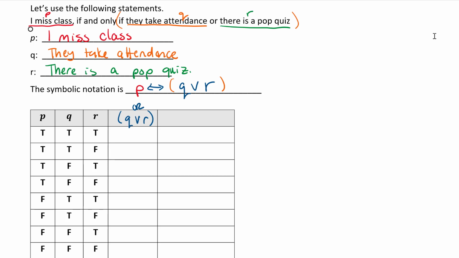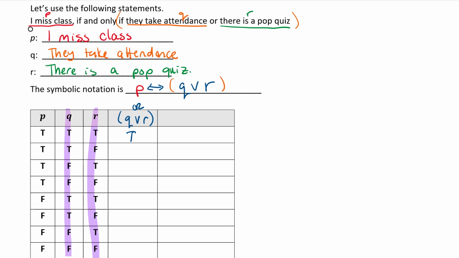And if you remember, the rule for disjunction is false only when both are false. So we're talking about Q and R. So sometimes I like to highlight the columns that I'm actually talking about at the moment.